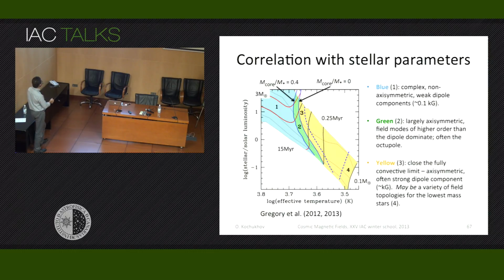So in here, the stars are mostly fully convective, and here they have radiative cores. And it turns out that stars with global axisymmetric fields are found here, and those with the more complex non-axisymmetric fields are found in this region.